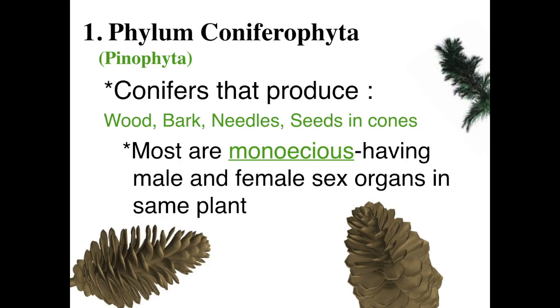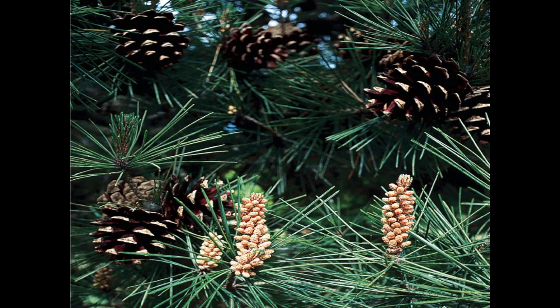This is very common, and we don't even think about it, but basically if we look at this picture here, you can see the male and you can see the female sex organs. The woody hard cone, which you can see is the normal pine cone, that is the female. While the yellow, thin, small ones, there's 3 of them at the bottom, those are the male sex organs.